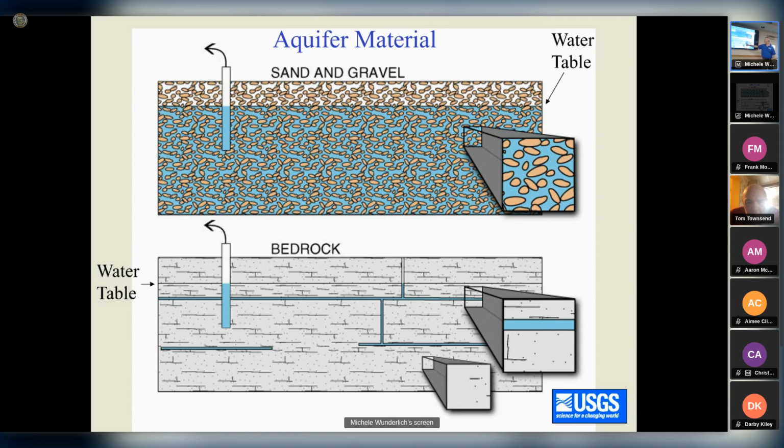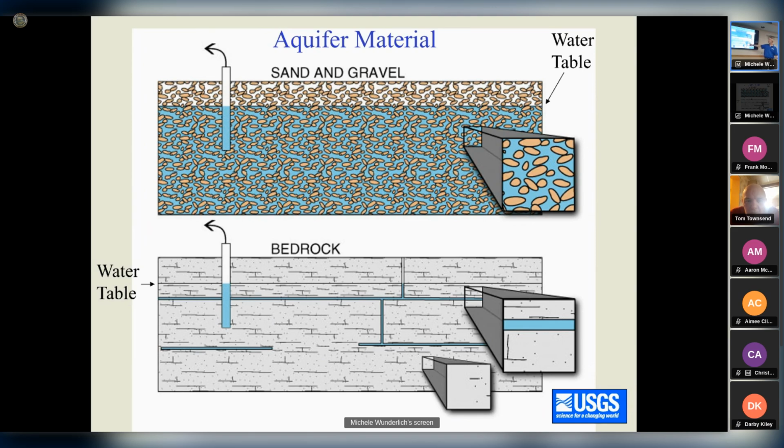So if you take a cubic foot of a bedrock aquifer, you may, if you're taking it from here, have zero porosity. If you happen to hit a water-bearing fracture, that may account for 5% or 2% porosity compared to 30% for that.